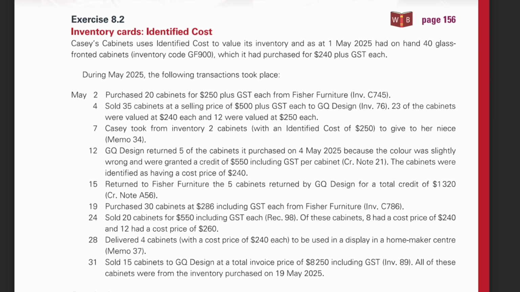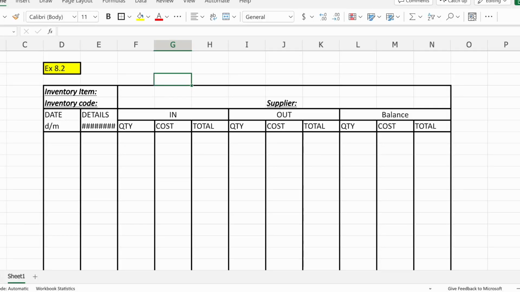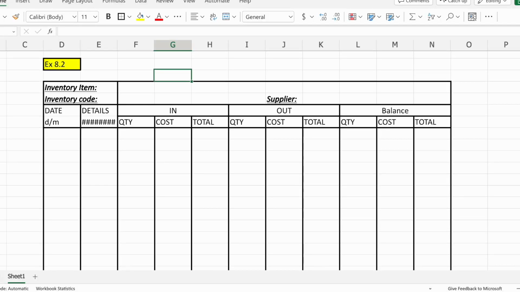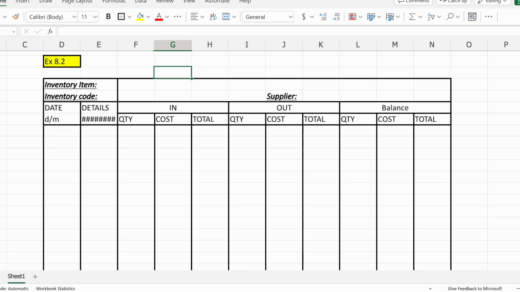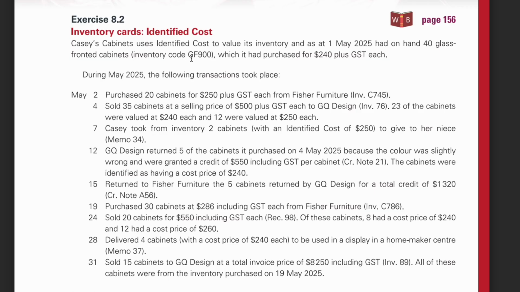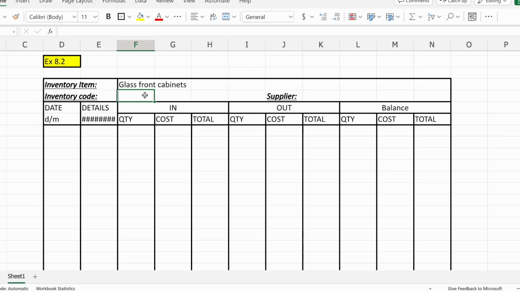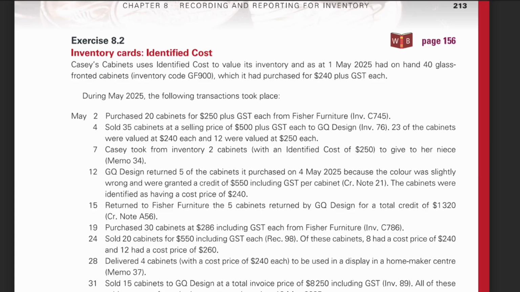So here's our inventory card, and this is how it's set up, like we discussed in the content slides. We have the inventory item, which in this case is glass-fronted cabinets, and then the inventory code is GF900.